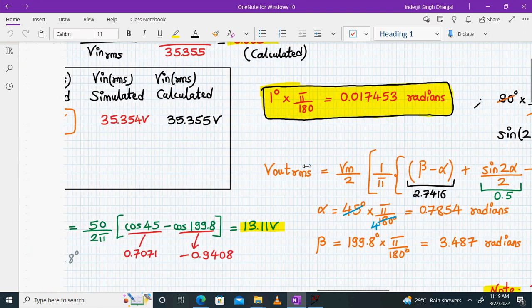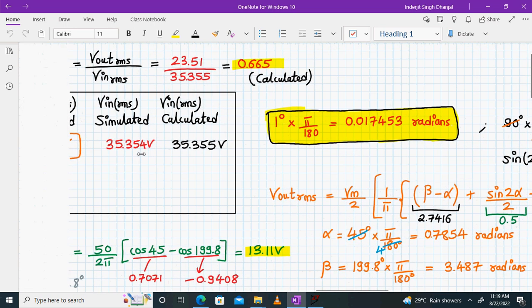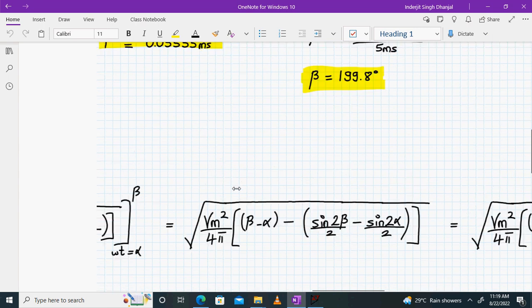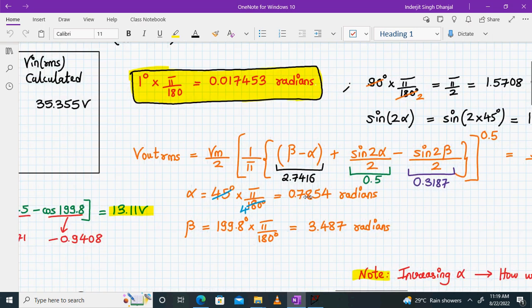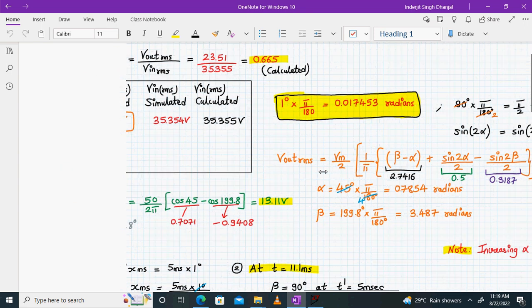Give it some time. So we have calculated almost all the values. We have left out the power factor calculation. You can go through the derivation. We are not concentrating on how we got this formula of V out RMS. We are just using the formula so that we can compare it with the values obtained via simulation.